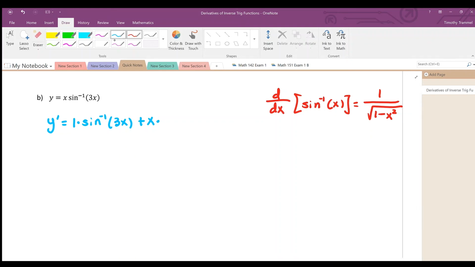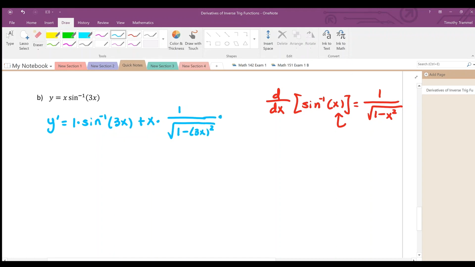So rather than writing 1 over the square root of 1 minus x squared, we actually have a 3x in here, right? So this is going to look like 1 over the square root of 1 minus 3x squared.